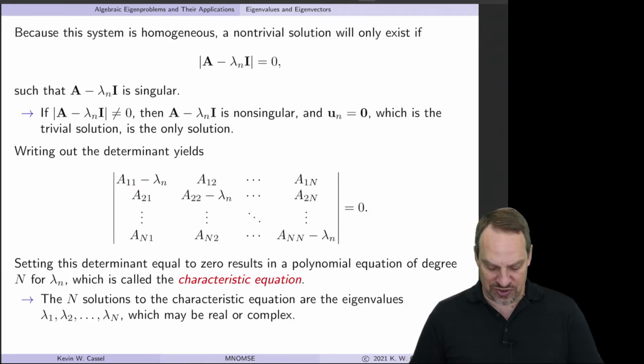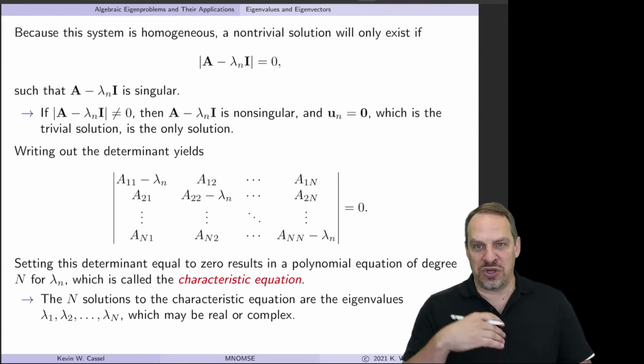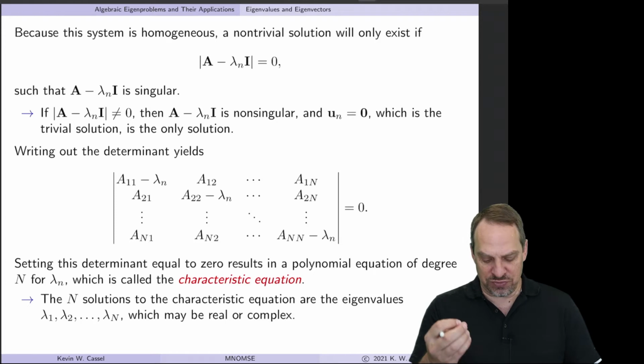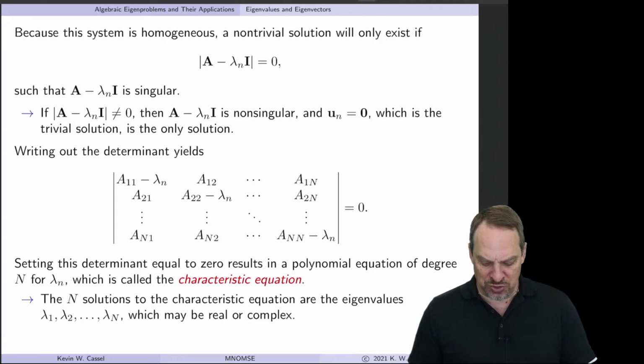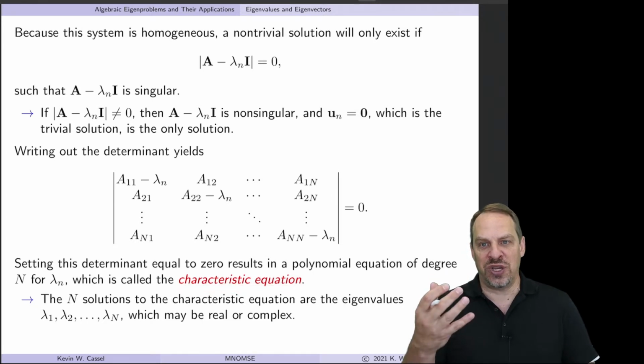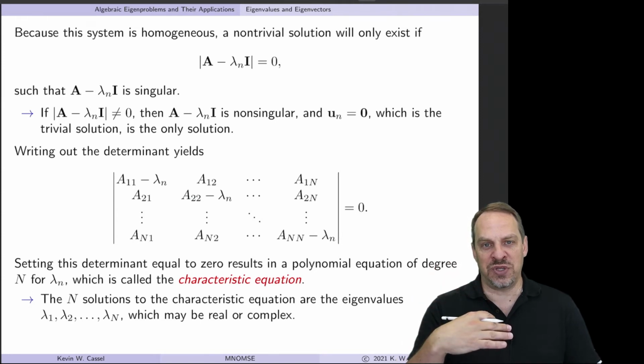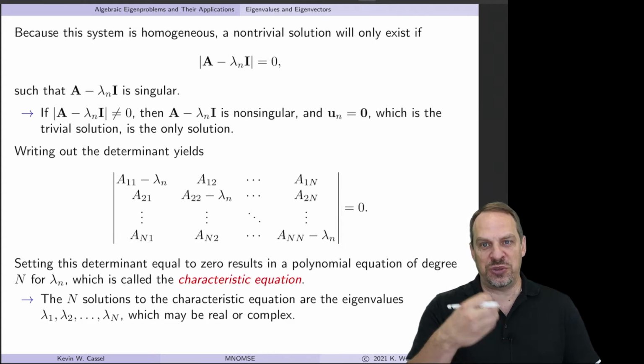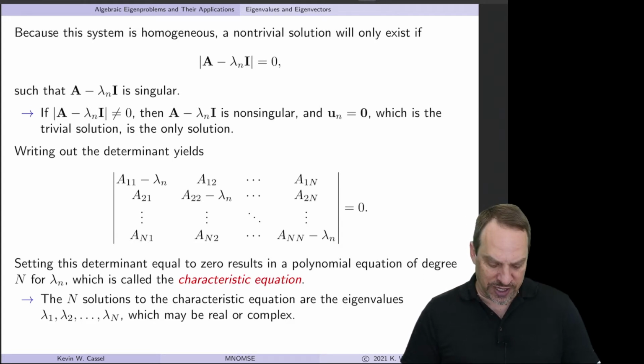It's not bold. When you take the determinant of a matrix like this with this variable lambda in it, you're going to get a polynomial equation of degree capital N. And that is called the characteristic equation. The characteristic equation, we then solve for the lambdas. So those give us the eigenvalues that are the stretch factors in our geometric interpretation of the eigenproblem.